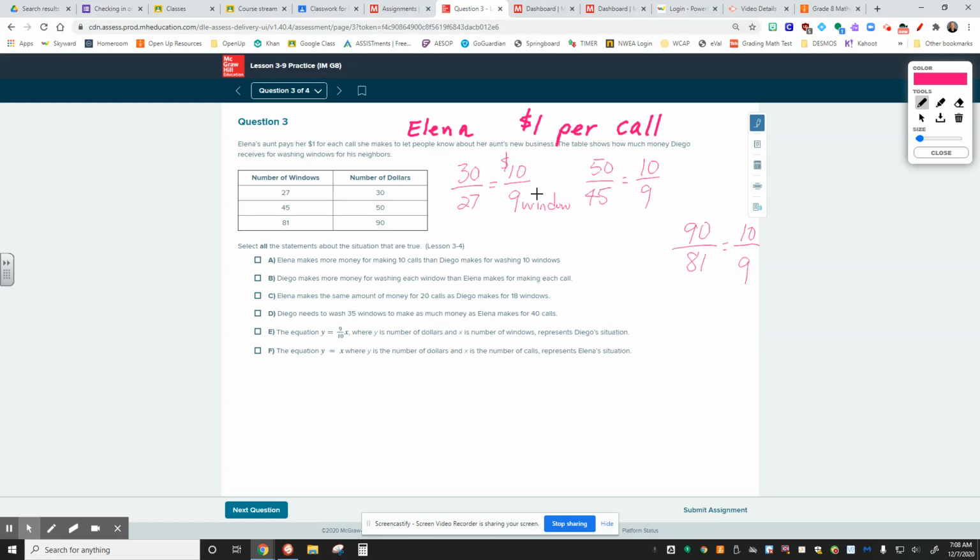So Elena makes more money for making 10 calls than Diego makes for washing 10 windows. Consider those pieces. I think what you need to do is take one more step and find out his total earnings for one window. Here's my hint though. This is an improper fraction, and we know that every improper fraction is greater than 1. So choose the best options here, and we'll move on to the next question, the final question.